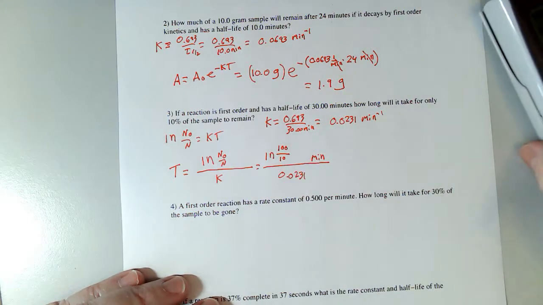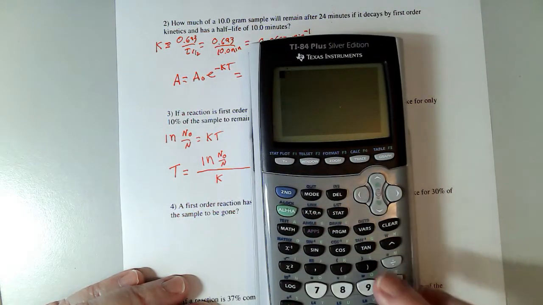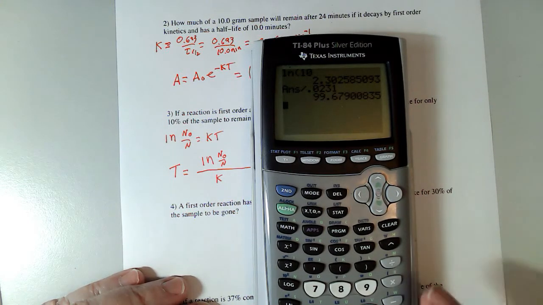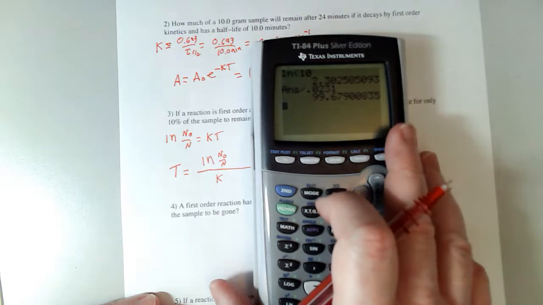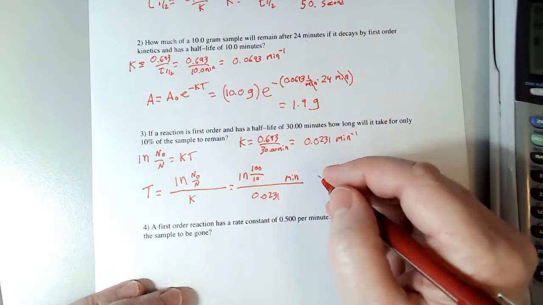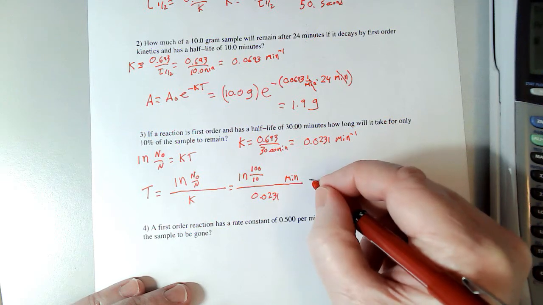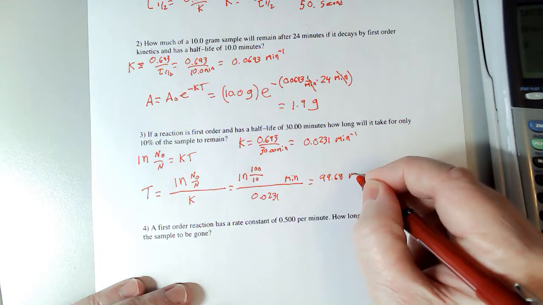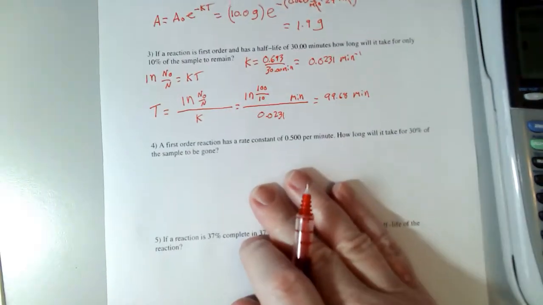So that's the natural logarithm of 10, divided by 0.0231, and I'm getting about 99.679 minutes. Call it 4 sig figs, make it 99.68 minutes.